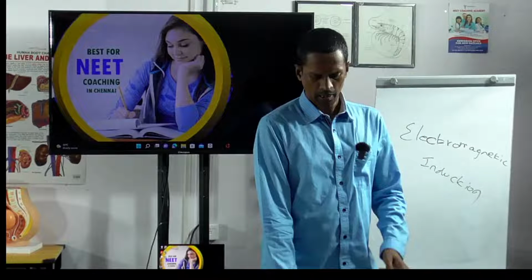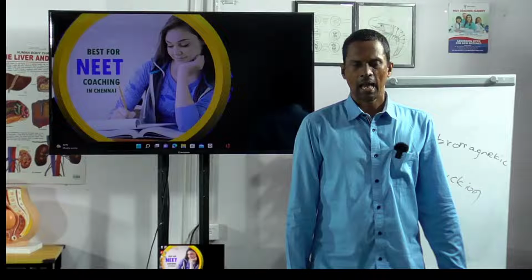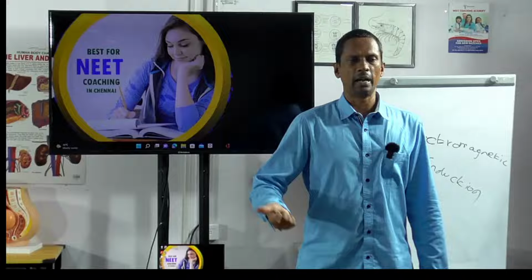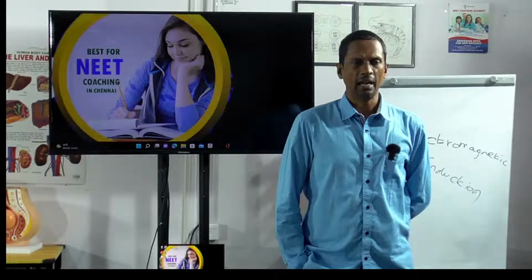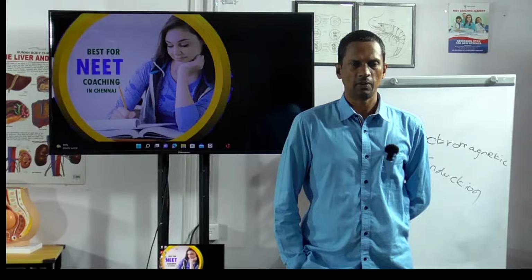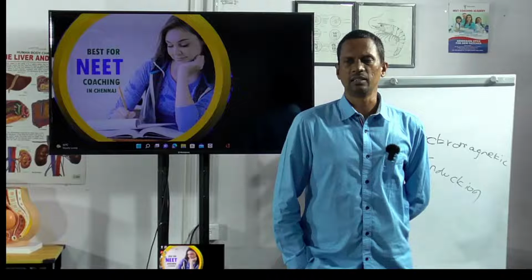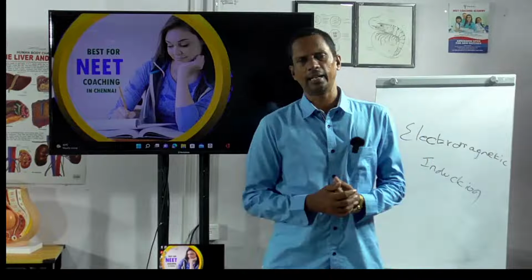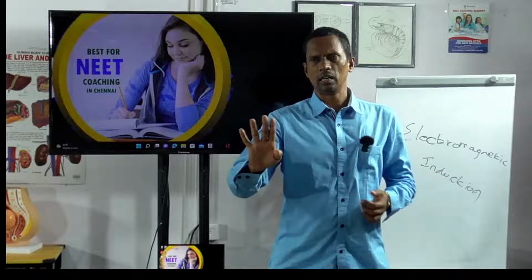Current is induced. Any coil perpendicular to the magnetic field, current is induced in it. The production of current is shown in the galvanometer. This is experiment number 1.